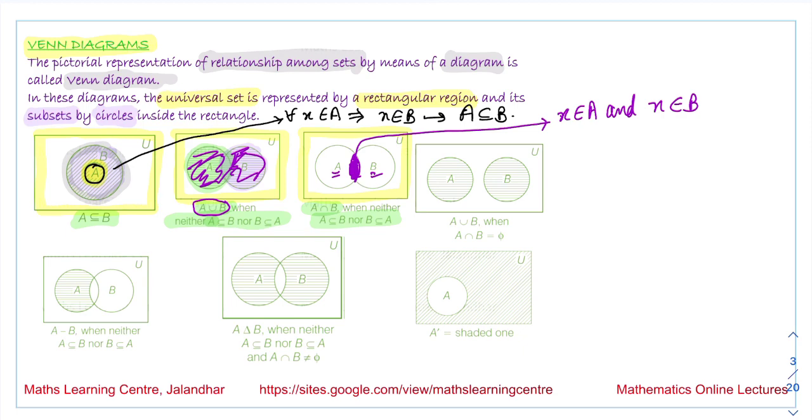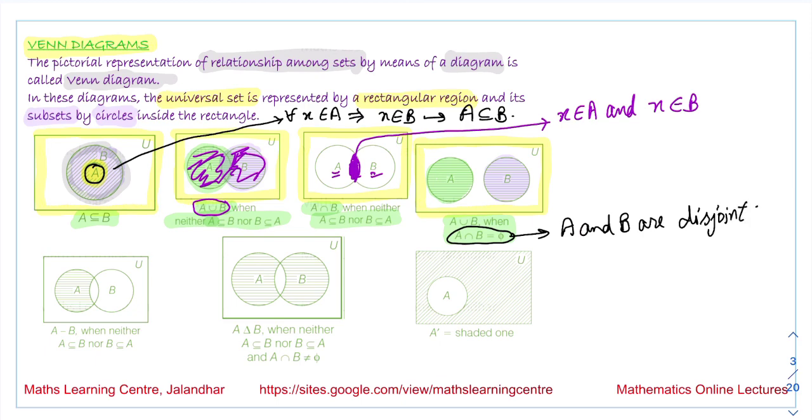Next we have A union B, when A intersection B is equal to the empty set. This is the universal set, and these are the two sets: this is the set A and this is the set B. This is the case when A intersection B is empty, which means A and B are disjoint.